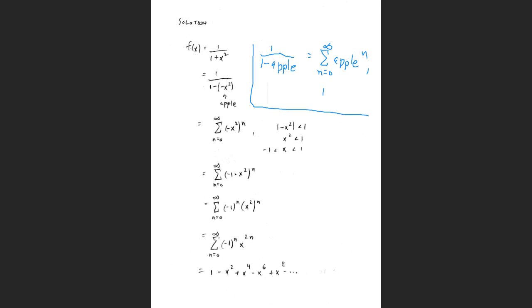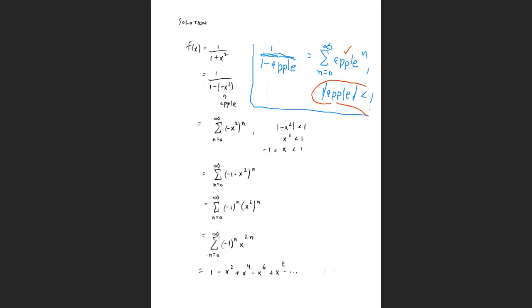It's a geometric series with a common ratio equal to the apple. This function, 1 over 1 minus apple, equals this power series, so long as the absolute value of the apple is less than 1.